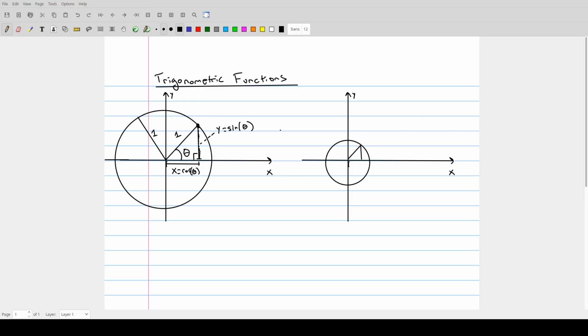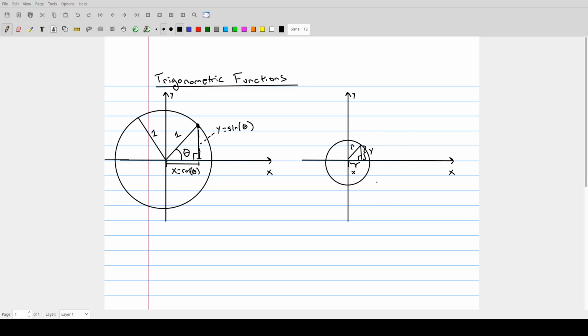So even though it's maybe a smaller radius here, a radius of r, we still have that the x coordinate and the y coordinate are related through this right triangle, because these two triangles are similar to one another. So we still have that the cosine and sine functions are relevant here.